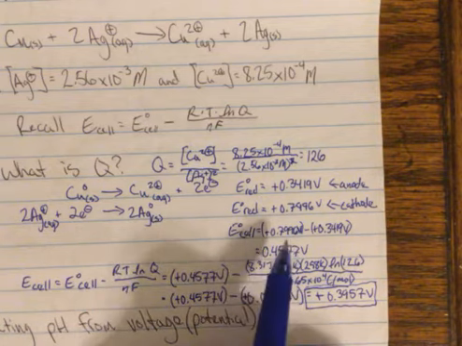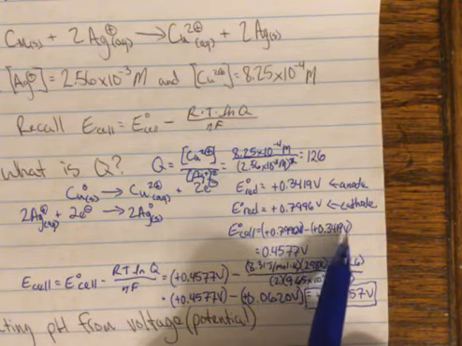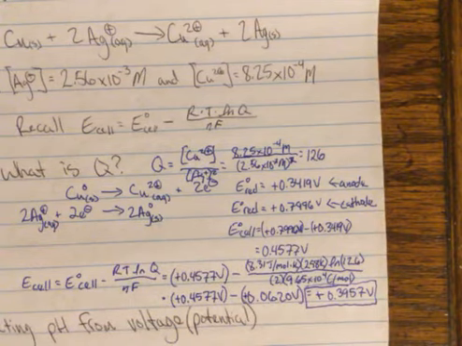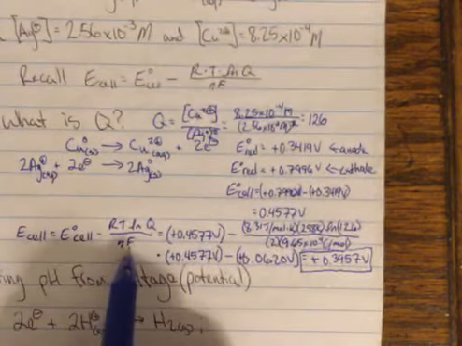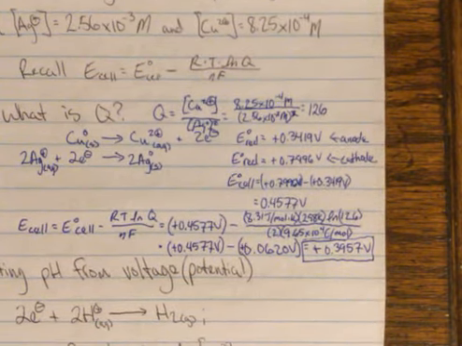Okay, so E cell is going to be 0.7996 volts minus 0.3419 volts to give you 0.4577 volts under standard conditions. Okay, remember, we also need to factor in now the non-standard terms. So in other words, what's being amended in the Nernst equation, or the NERD equation, as it were.